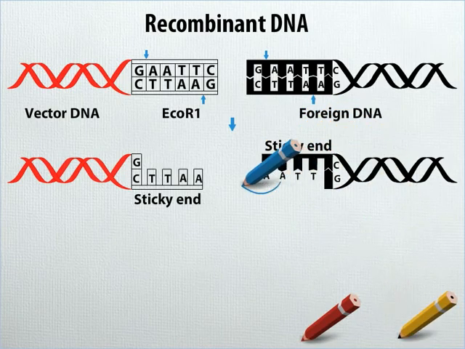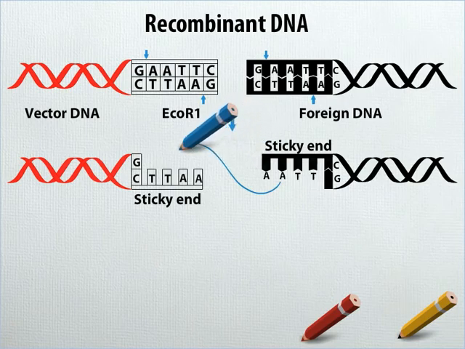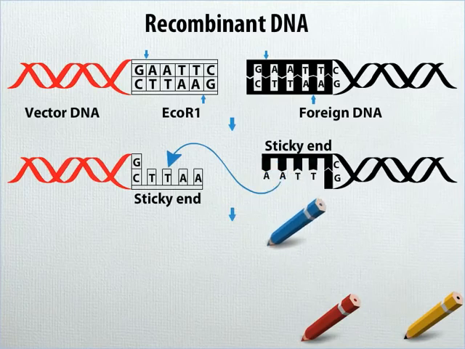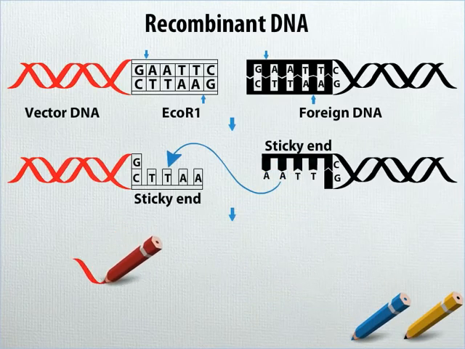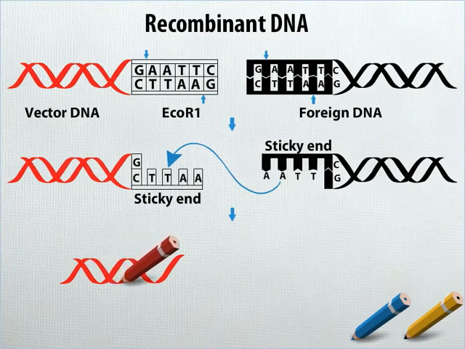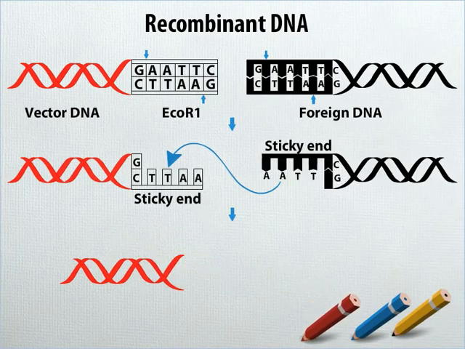Draw an arrow showing the joining of the sticky ends. Draw an arrow pointing downwards. Now draw the vector and foreign DNA in such a way that the sticky ends of the two different DNA molecules fit on each other.